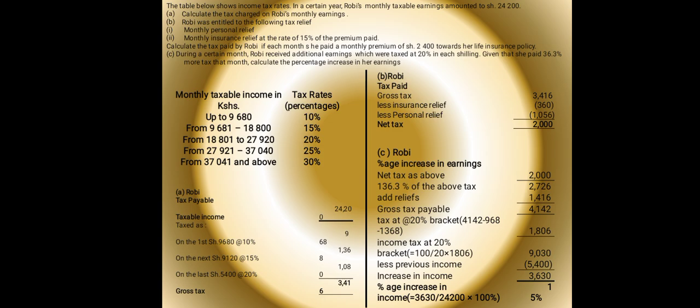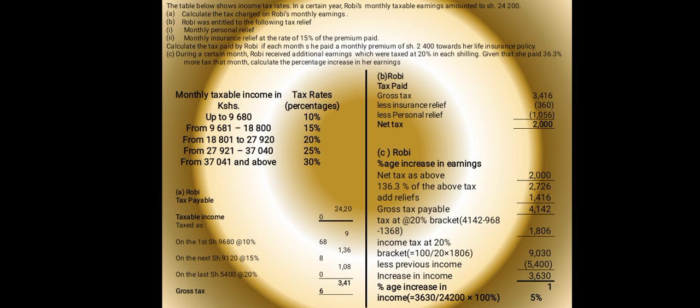The first table shows the tax brackets and their percentage. Now, the second table shows Robbie, the tax payable. We start with the taxable income of 24,200, and then we show how it is taxed.